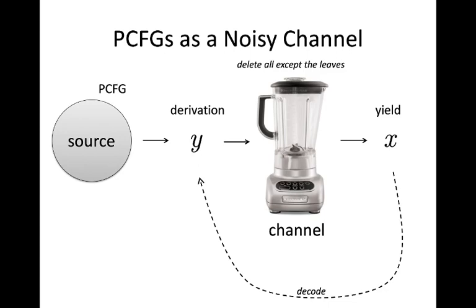The channel model here gives you a derivation, a parse tree, basically. And then the noisy channel removes everything but the words, the terminals. And the parsing problem is the decoding problem here: given the words, trying to figure out what the derivation was.